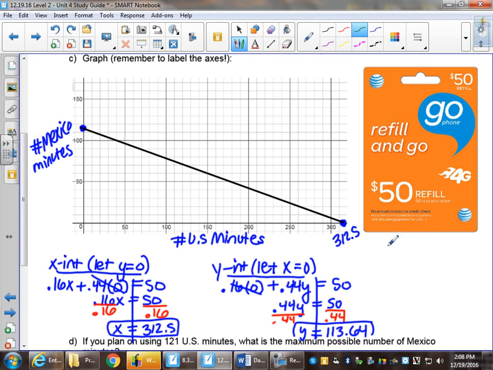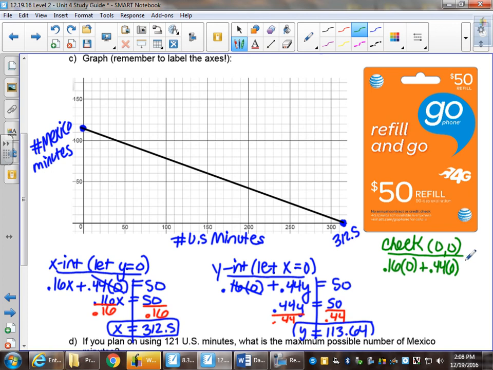To know how to shade, let's check 0, 0. Check is very quick, so 0.16 times 0 plus 0.44 times 0.